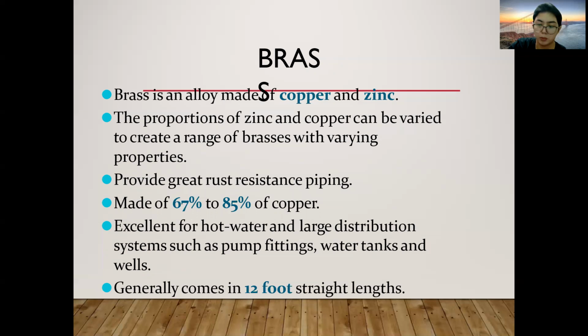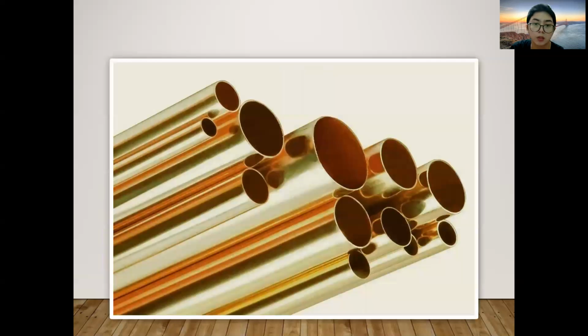So this is one of the best choices to consider if you were creating a water supply system, which is good for the community. For the next one, this is the picture of the brass pipes.